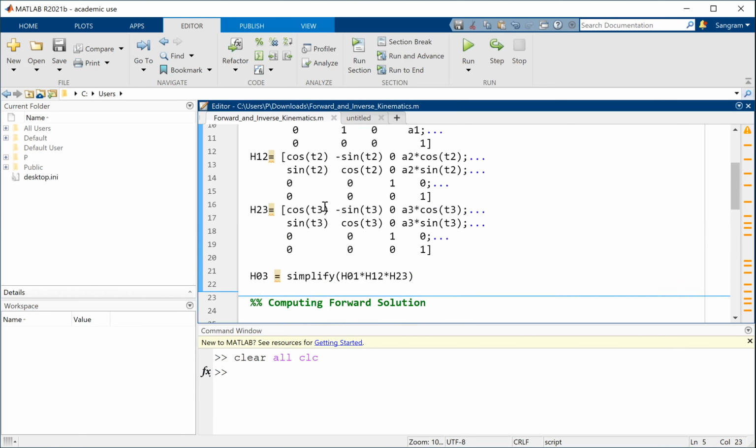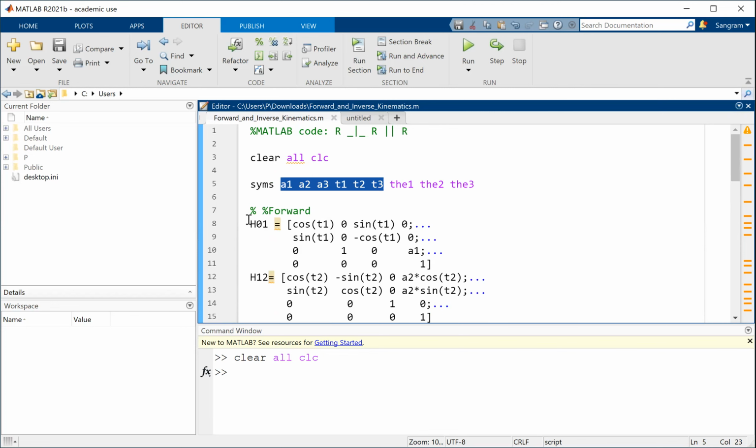Now look at 0H1. So 0H1 is cosine theta 1, minus sine theta 1, 0, 0; sine theta 1, cosine theta 1, 0, 0; 0, 0, 1, A1; 0, 0, 0, 1. Just look at the 0H1 that we derived. Is this correct?